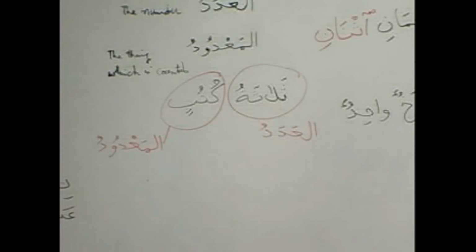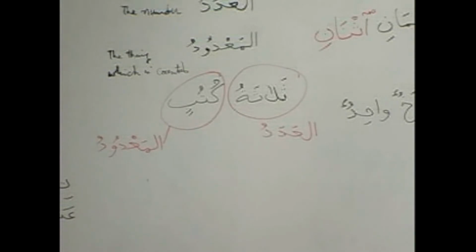Adad wa ma'dud. Al-adadu wal-ma'dud. Adad, number, and ma'dud is the thing which is being counted. Fine? You got the idea? If you can write down this, it will be nice. Inshallah. And give them a circle so that you understand adad and ma'dud. Okay?